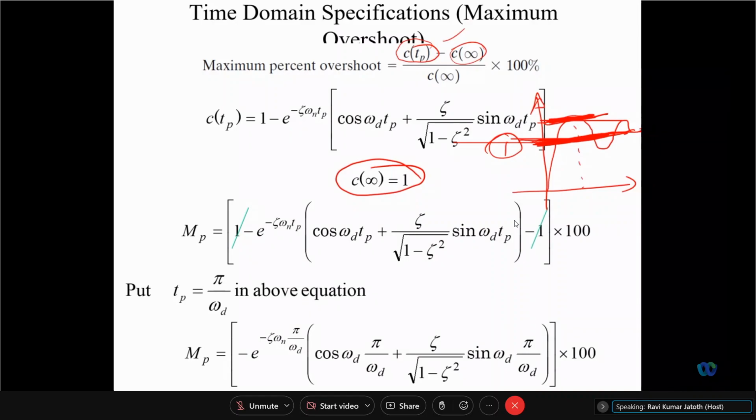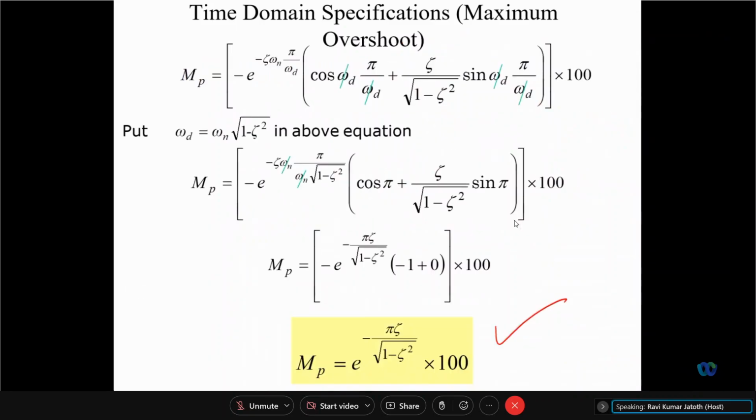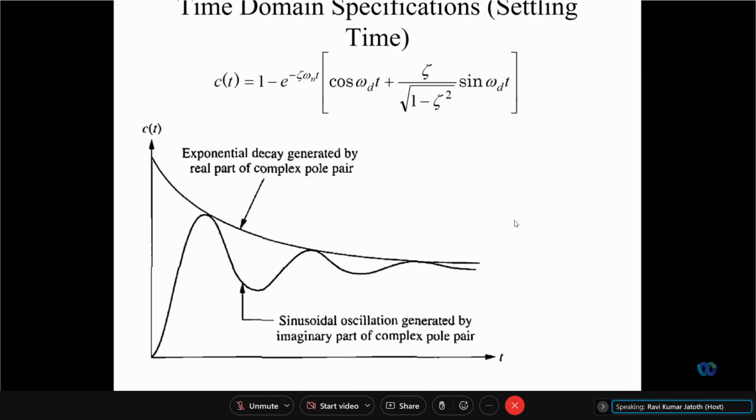So C of Tp minus 1, if you simplify it further, you get this particular expression. Omega d is omega n under root 1 minus zeta square, if you substitute, then you get overshoot as e power minus pi zeta by under root 1 minus zeta square. So these are very important derivations, and we will be using the formula.